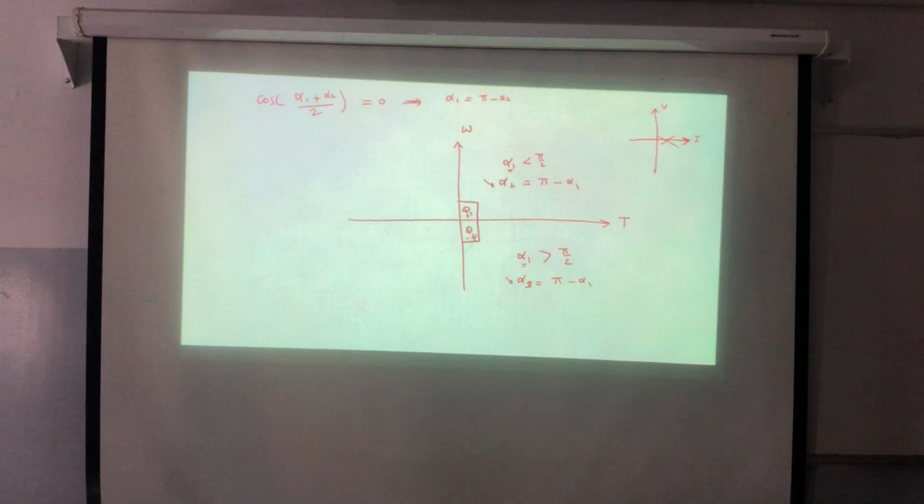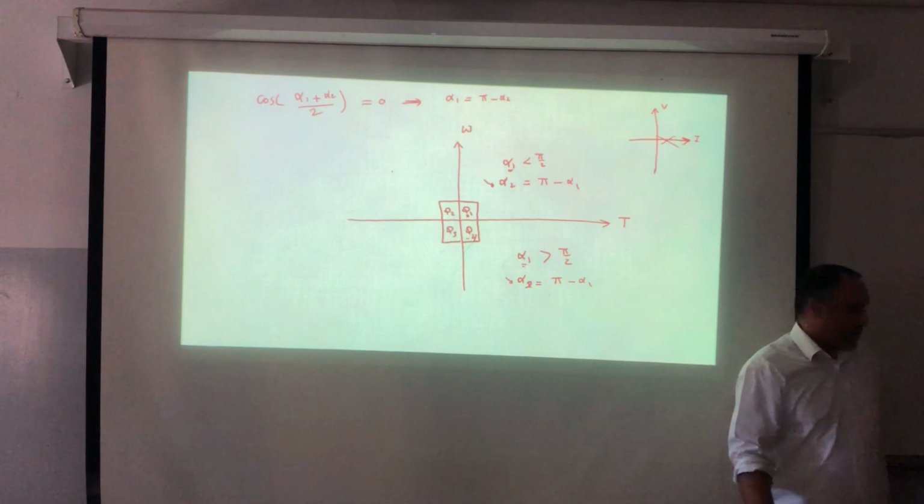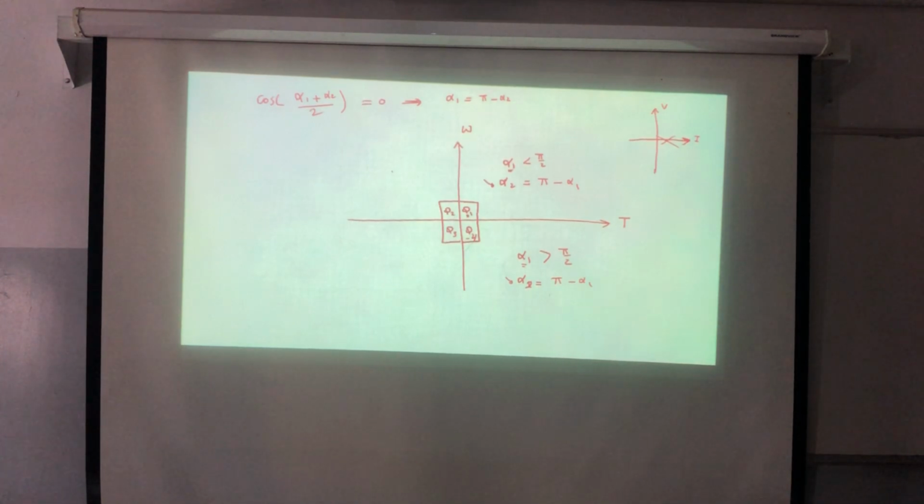Now, what about here? This is the Q2, Q3. Converter 2, the second one. So I'll be having a negative current.